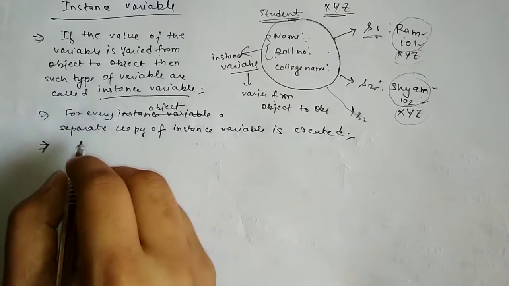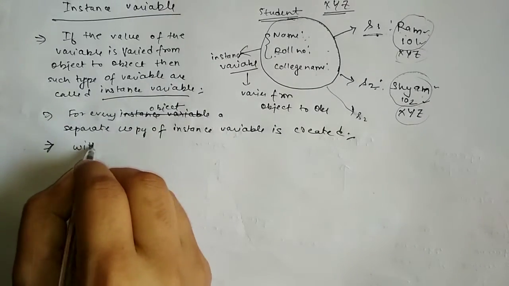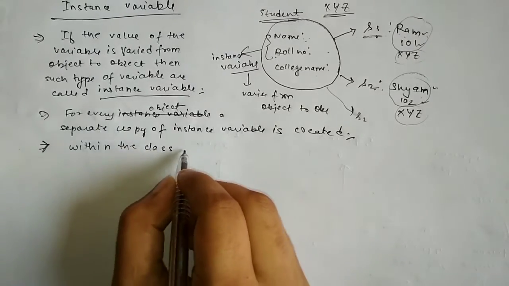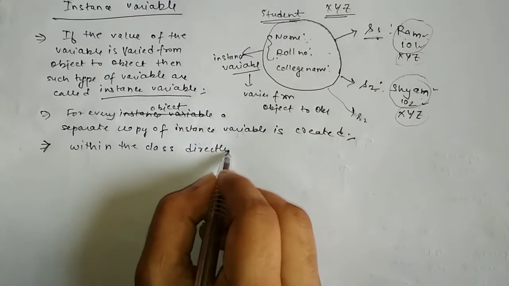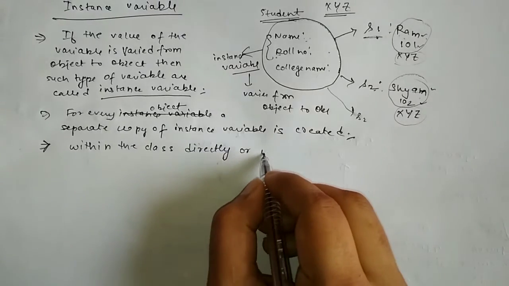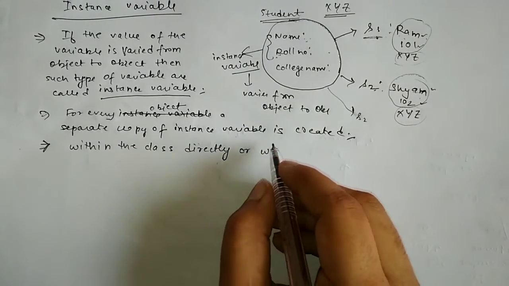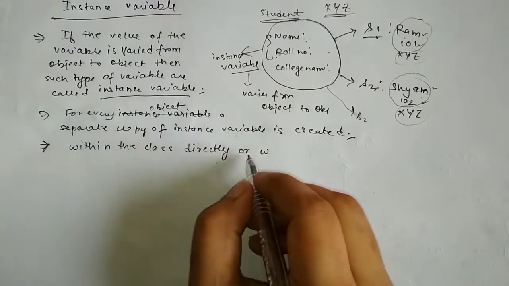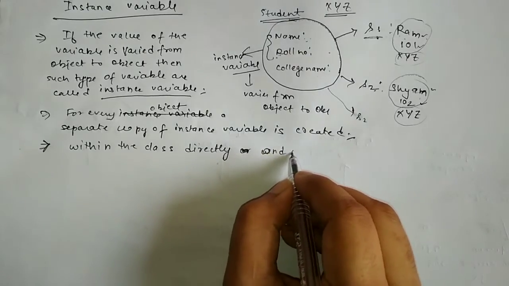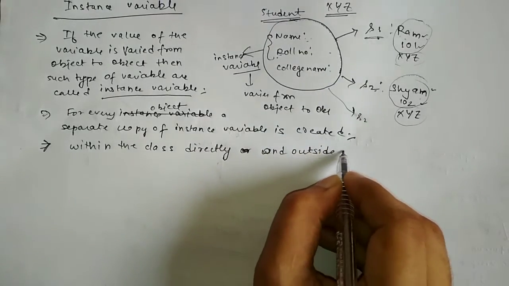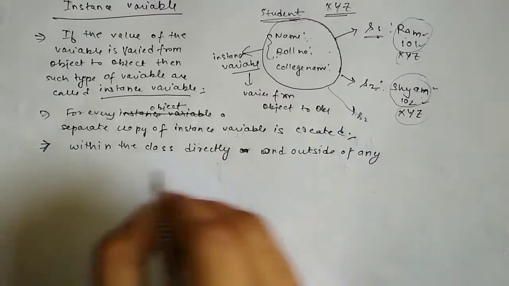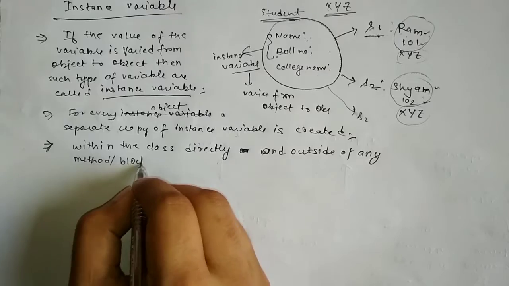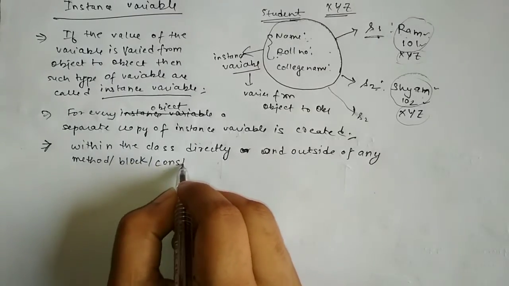We can declare the instance variable within the class directly, and outside of any method, block, or constructor.